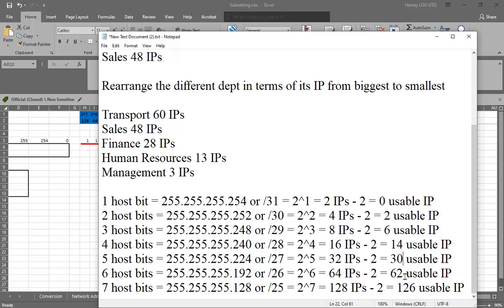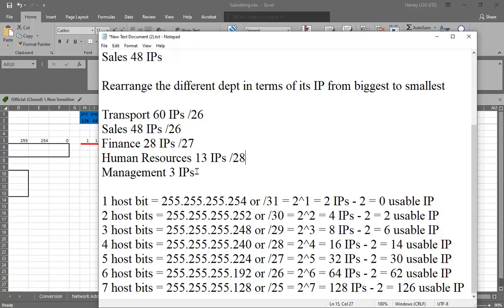So the best subnet mask to use without sacrificing a lot of IP addresses will be a /26. Then for the sales department, 30 cannot accommodate 48, but 62 is able to accommodate, so I'll still be using a /26. For 28, I'll be using a /27. And for 13, I'll be using a /28.